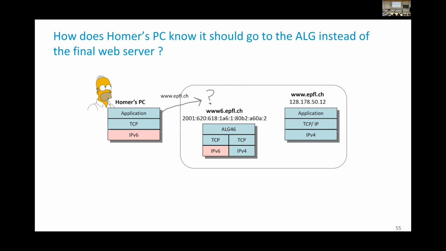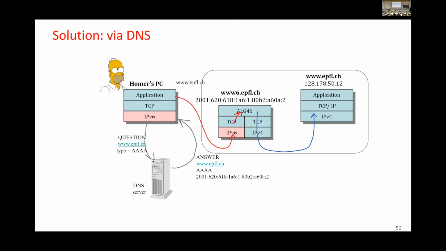Now, if your machine is IPv6, how does it know that it should go to this server or to that? I guess the answer we all know from what we discussed is via the DNS. So if you do this trick, you will write in the DNS a different machine for www.epfl.ch. For the same name, you will put records that are IP addresses of two different machines.